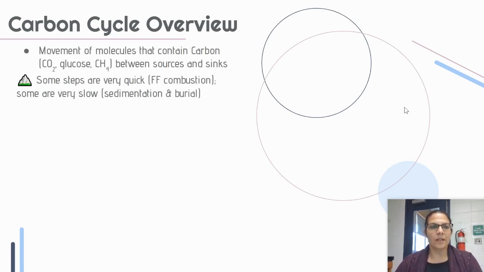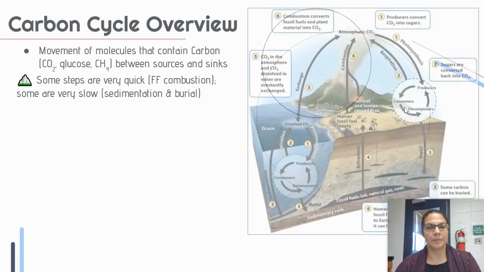So your carbon cycle is your movement of carbon in the atmosphere, the geosphere, the hydrosphere, and the biosphere. In the carbon cycle, you have a lot of sources and sinks. Some steps are very quick, like combusting fossil fuels, burning coal, oil, and natural gas, and some are really slow, like sedimentation and burial.